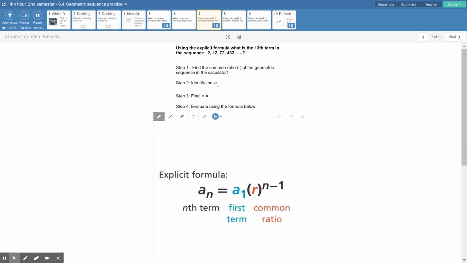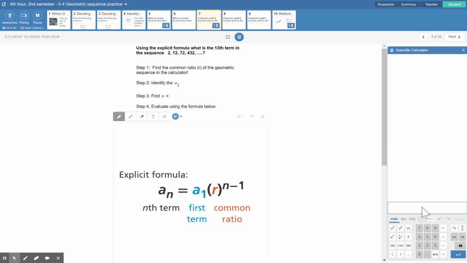So common ratio, we use the calculator. A common ratio is 6. We identify the A sub 1, which is our first term in the sequence.